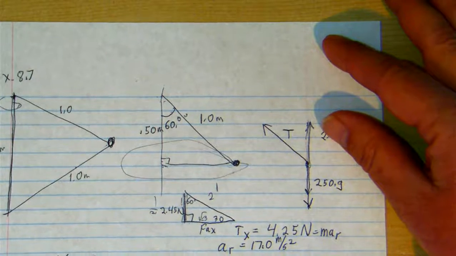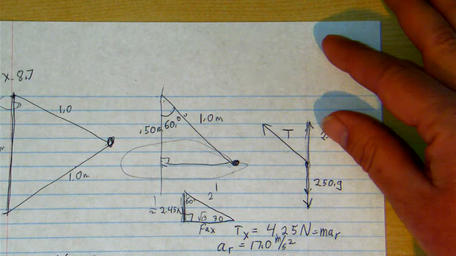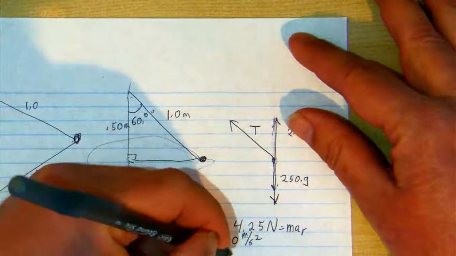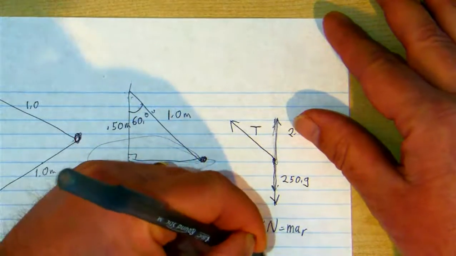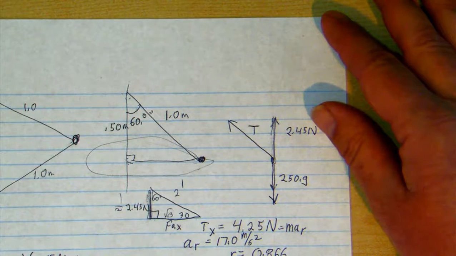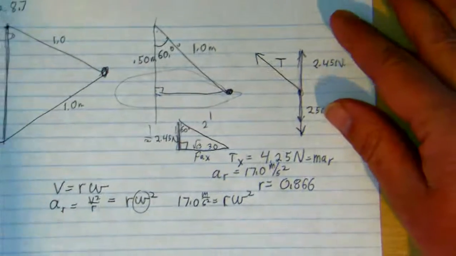So the square root of 3 divided by 2 is, I should have known that one, 0.866.